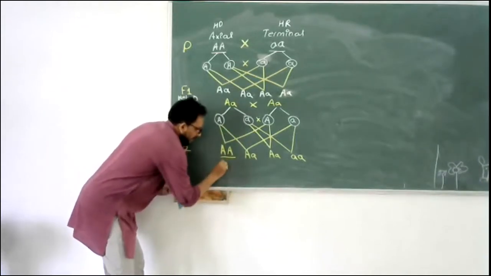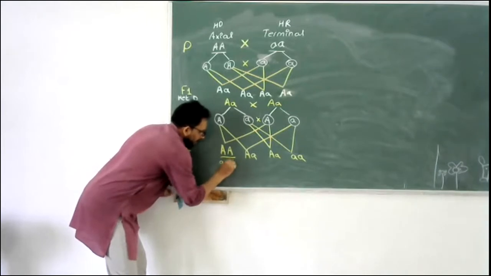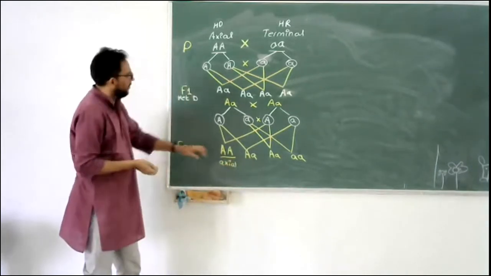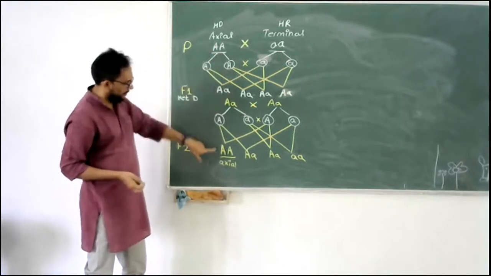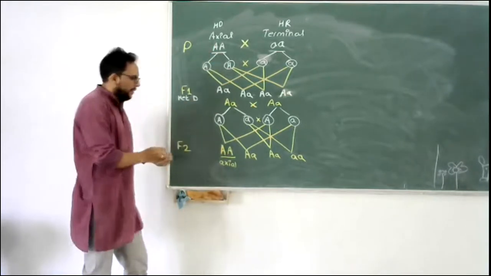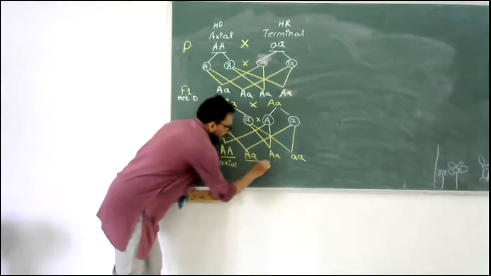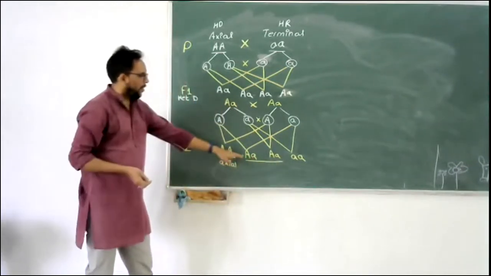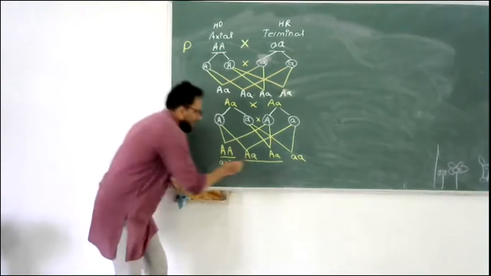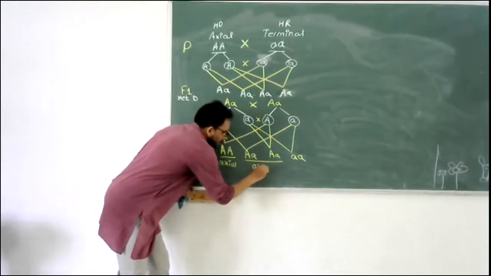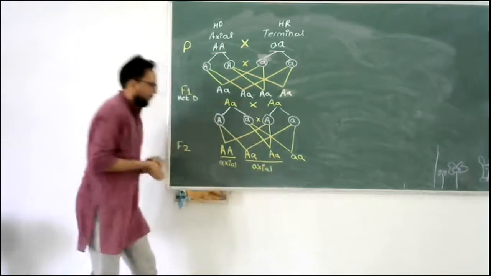This is an axial flower, because of the homozygous dominant alleles. These are heterozygous dominant. That means the same as your F1 generation, and they will also be axial flowers.